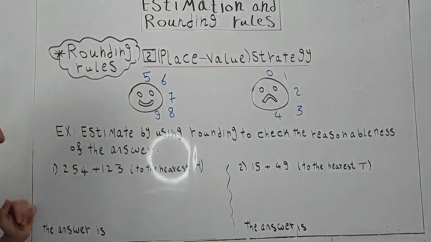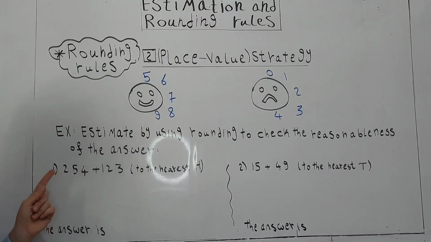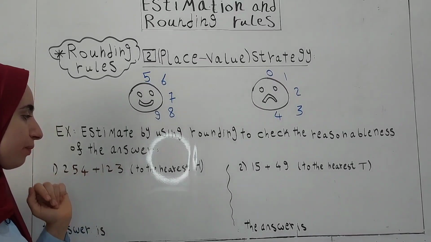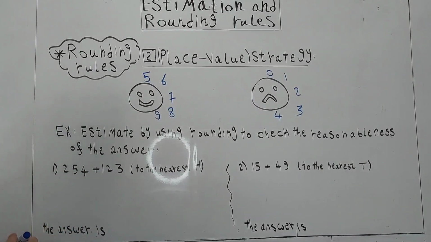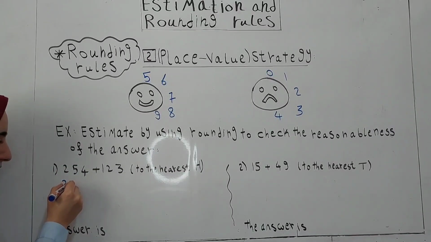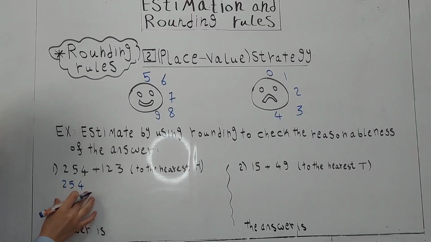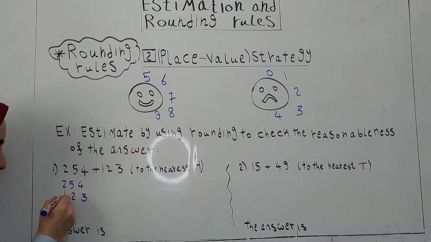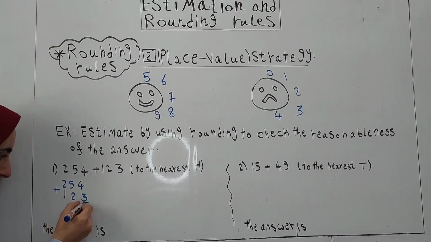The first one, we need to add 254 to 123. At first, we must align the numbers with digits exactly above each other. We put 3 under 4, and we put 2 under 5, and we put 1 under 2.